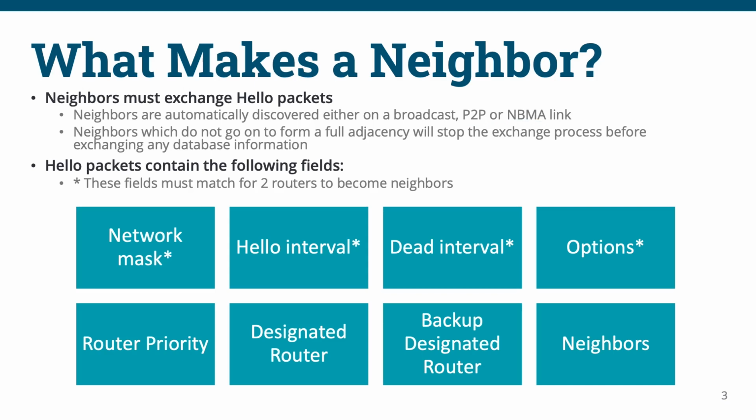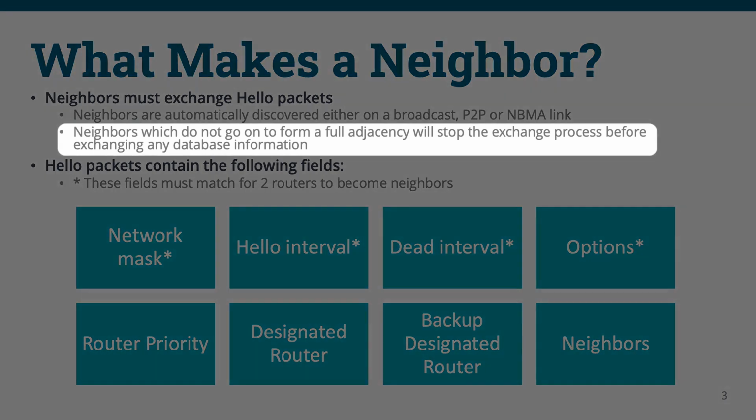OSPF has a concept of partial neighbor adjacencies, which are described by the state within the OSPF state machine where the neighbor relationship will stall. This is called a two-way neighbor, as opposed to a full neighbor. Two-way neighbors stop the neighbor relationship formation process before the exchange of any database information.